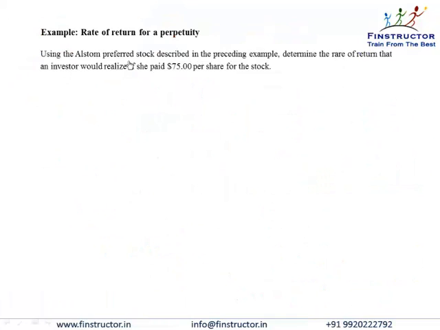Using the Alstom preferred stock described in the preceding example, determine the rate of return that an investor would realize if she paid $75 per share for the stock. In this question, the price is given to us and we are asked to compute the rate of return R that is implied in the share.